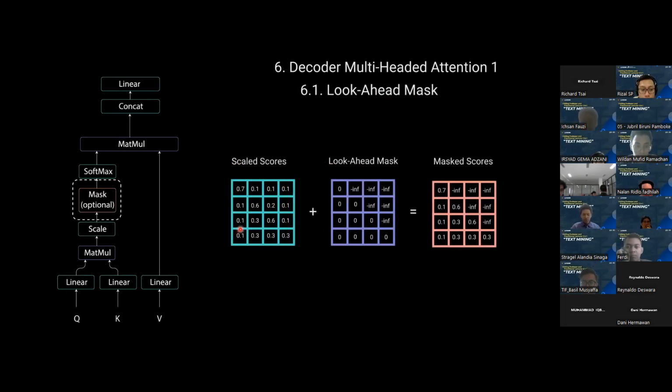To do this, we set the values in the mask corresponding to a token and any of its following tokens to negative infinity. For example, if we have a token at position 1, we set the values in the mask at (1,2), (1,3), and (1,4) to negative infinity.